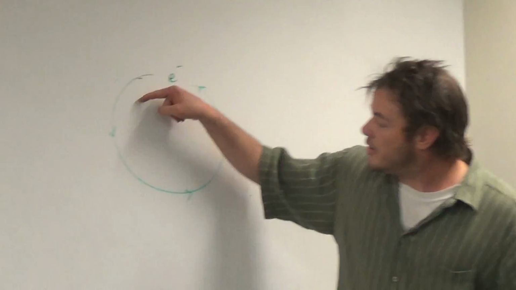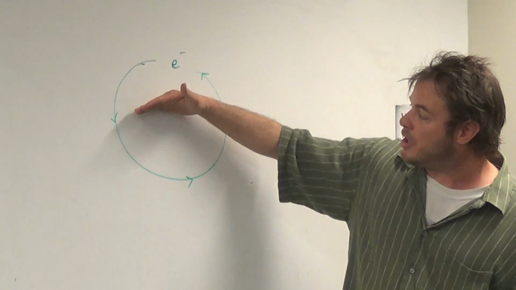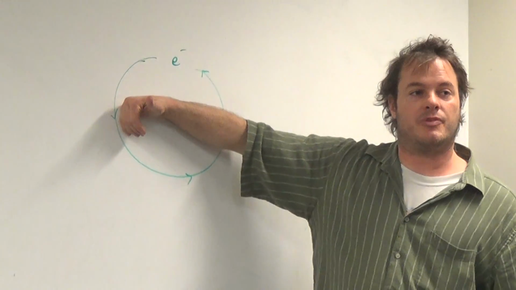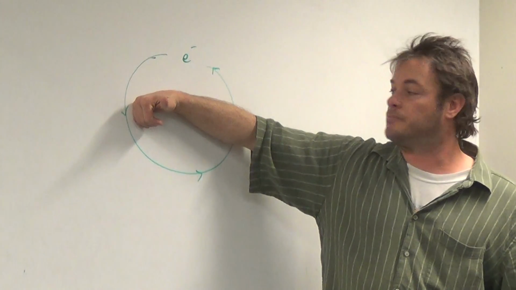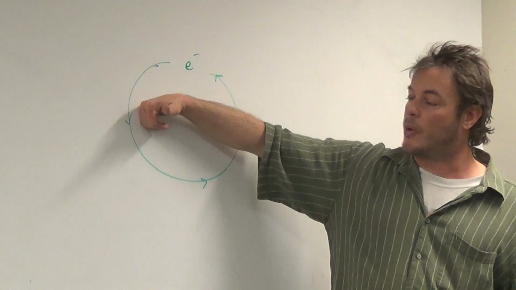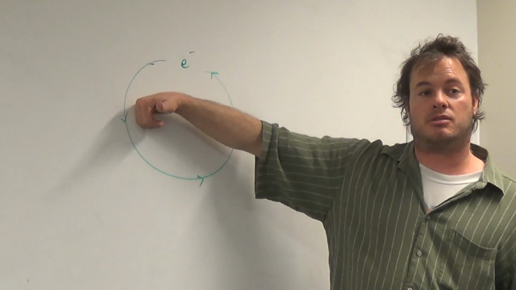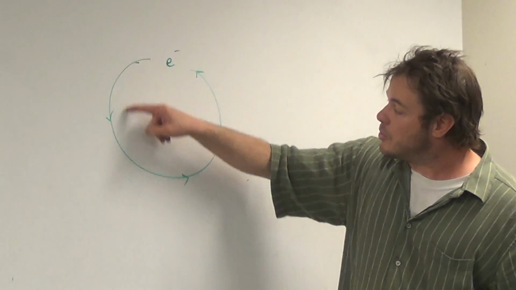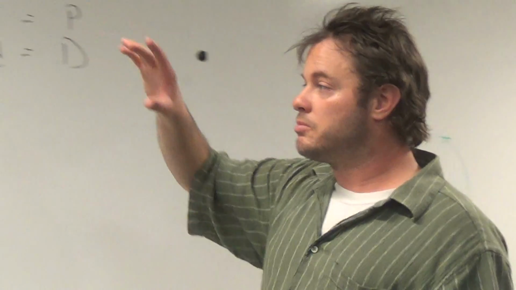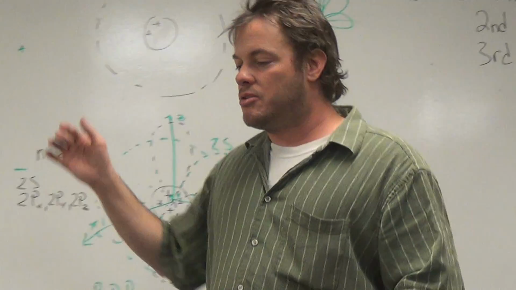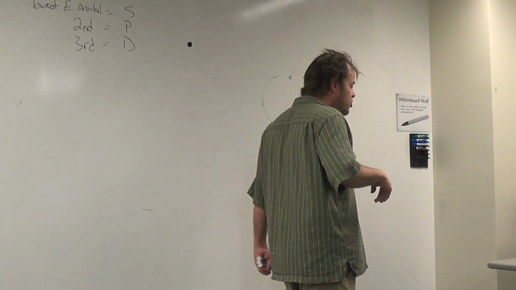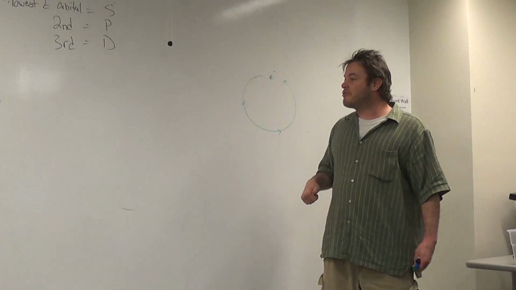You trace the path of the electron or the charge with your right hand, and you wrap your fingers in the direction that the electron is moving, and the position of your thumb will show you the direction of the magnetic field generated by that curved path. And so an electron in an orbital, it's a wave function, but you can think of it as having a circular motion of sorts, or a curved motion. And so it's generating a magnetic field.